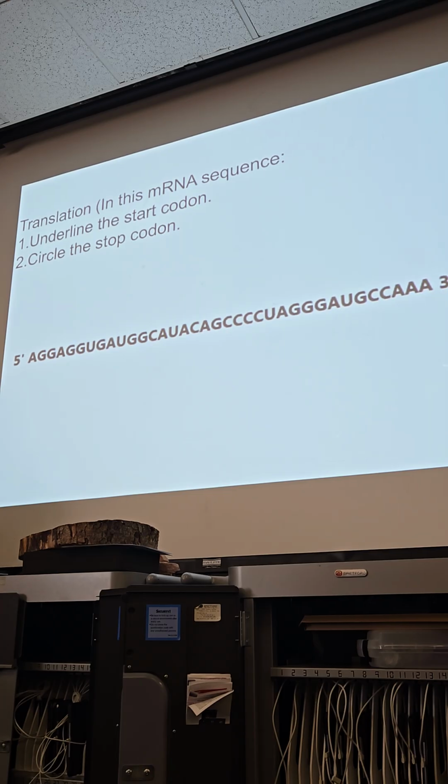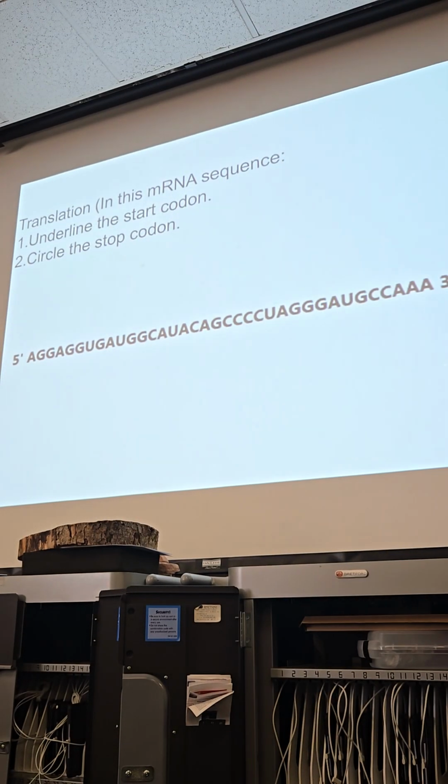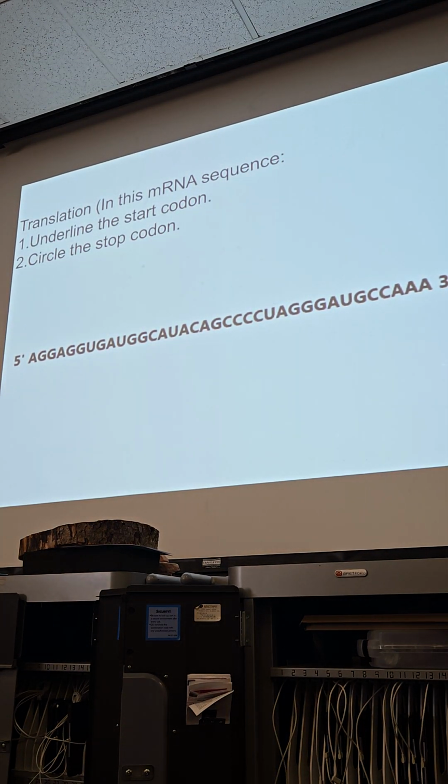Which diagram is it? Yeah, so it's peptide. Yeah, right? Like, to the right?